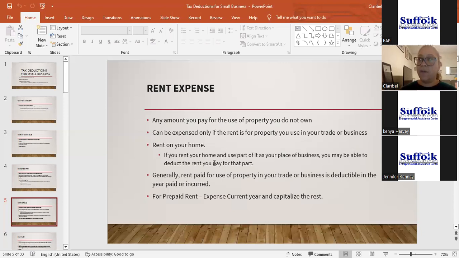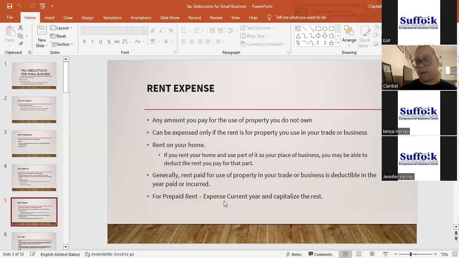Let's say you're using half of your home for your business, then that half you can deduct in your business taxes. Generally, rent paid for use of property in your trade or business is deductible in the year it occurs. So whatever rent you pay for that year, you expense that year.